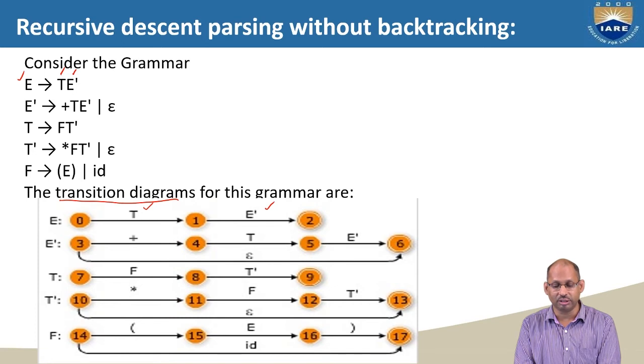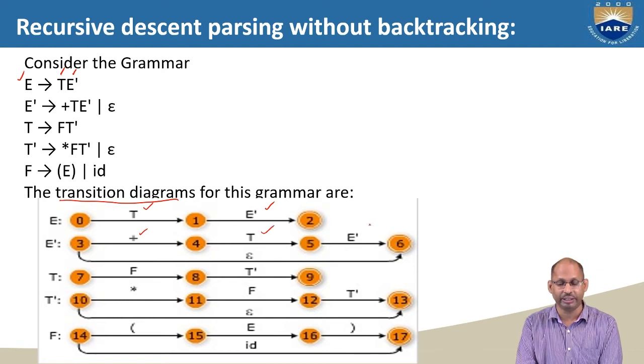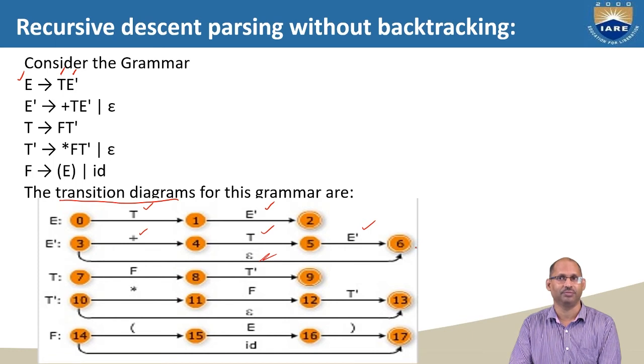If that also returns, then it is given as success. What is E dash? It checks the terminal plus sign. If it is true, then call the function T and call E dash. Otherwise epsilon, meaning it will be accepted directly.